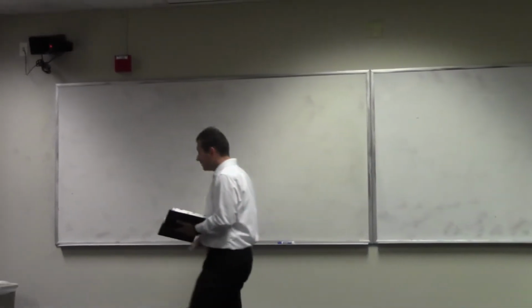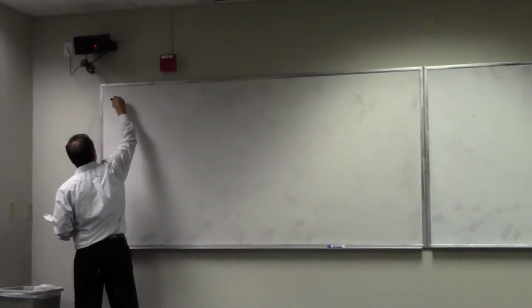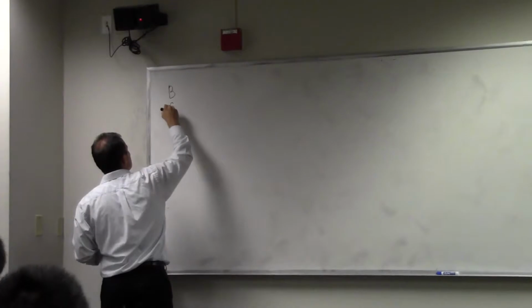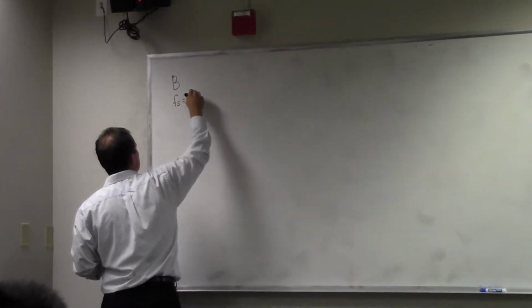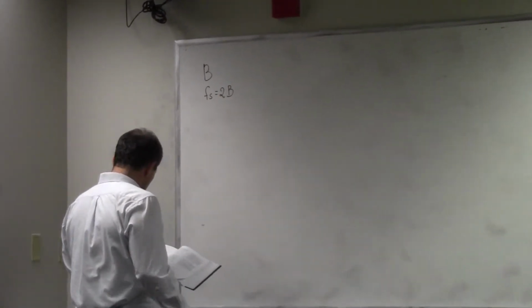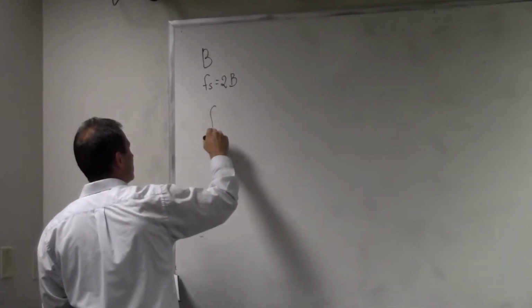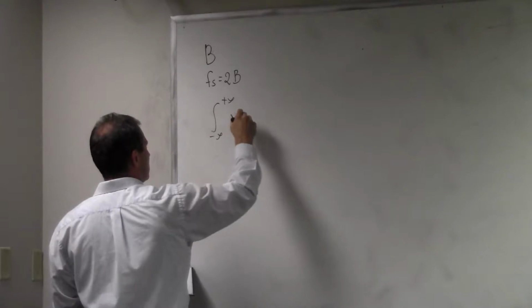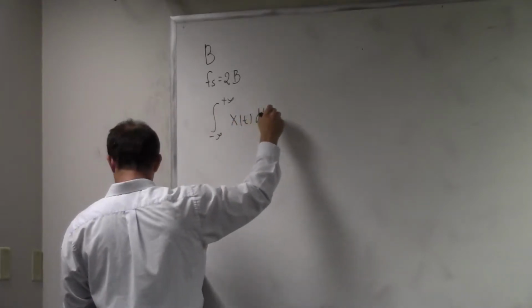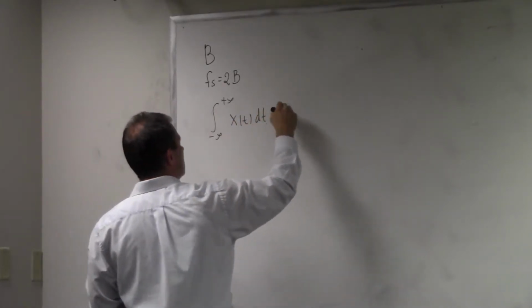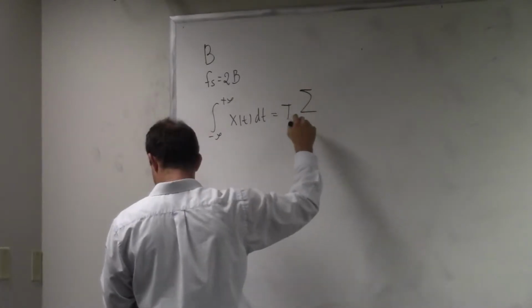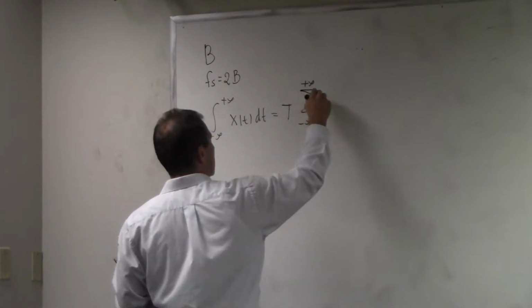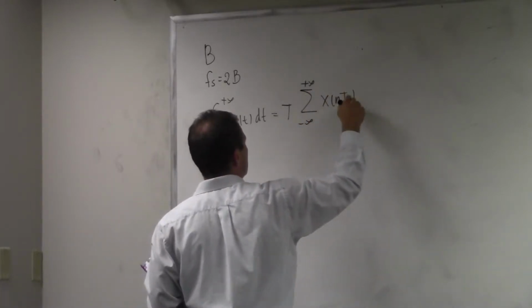A signal is band limited to B hertz, and is sampled at the rate Fs equal to 2B. Show that the integral from minus infinity to plus infinity of x of t dt is equal to T times the sum from minus infinity to plus infinity of x of nT.